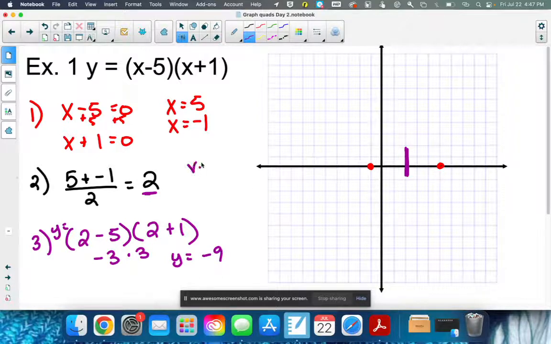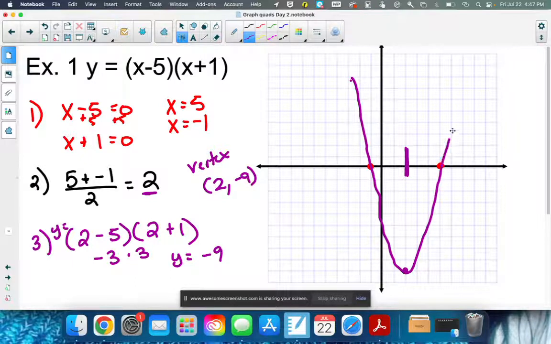My actual vertex is 2, negative 9. Again, we're going to graph it just like we did before. Start on the left-hand side and draw a curve through your points. Try not to make it pointed, and make sure you put the arrows at the ends. And we're good.